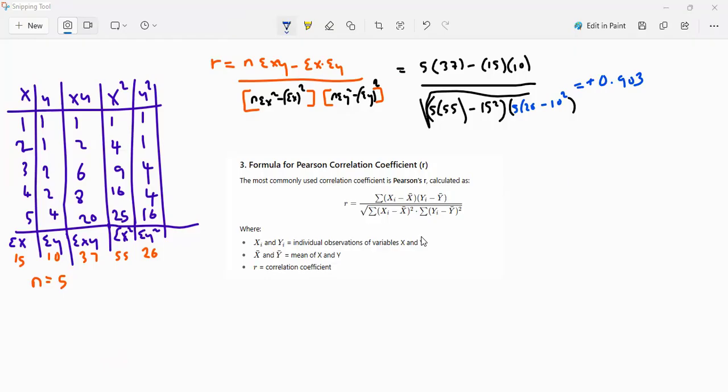All right. Then what did I say was the slope? The slope is half formula of R. Before I go to slope, R is for the direction, then R squared is for the strength. So we just power this answer to 2. 0.903 squared. When we square it, we're going to get 0.816.